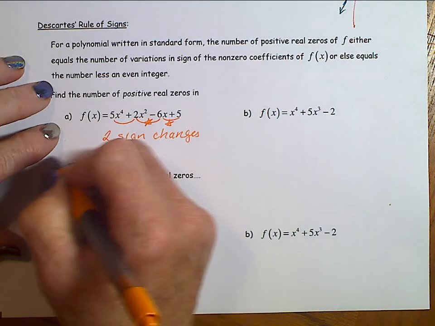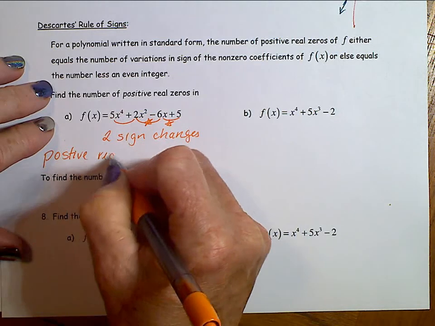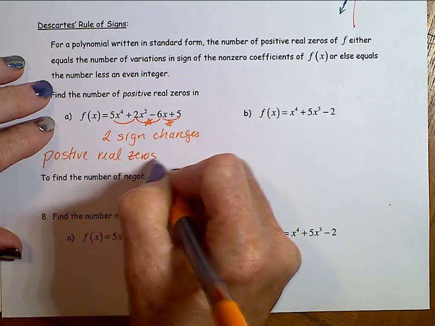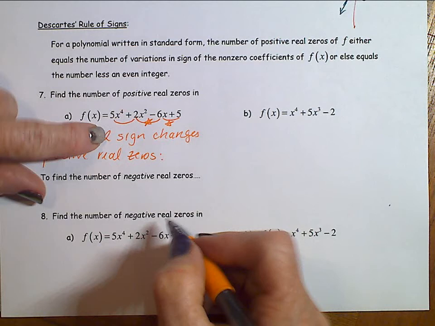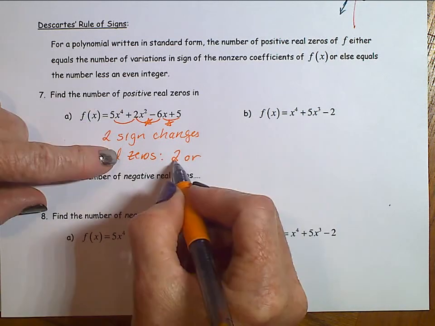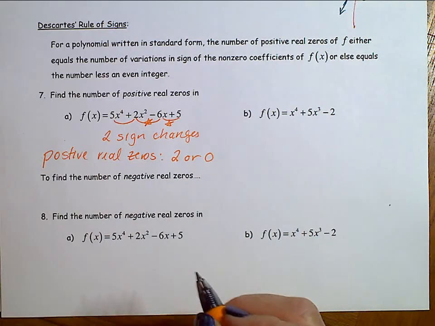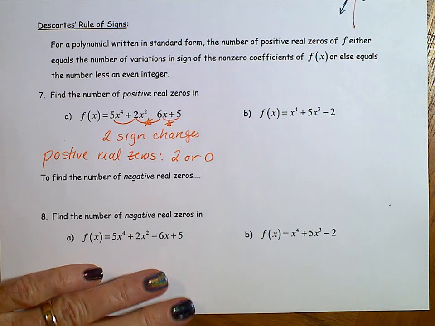So the positive real zeros, there are either the number of sign changes, 2, or subtract an even integer from that, 0. There's either 2 or 0 positive real zeros.